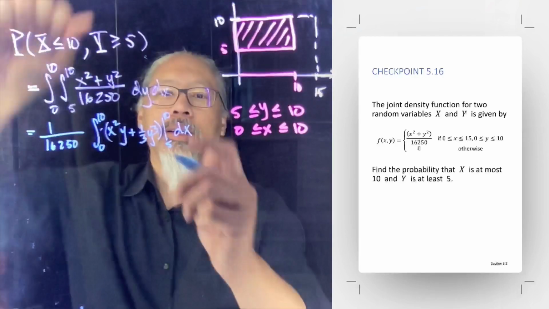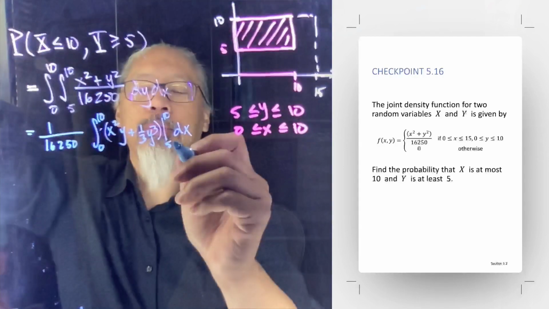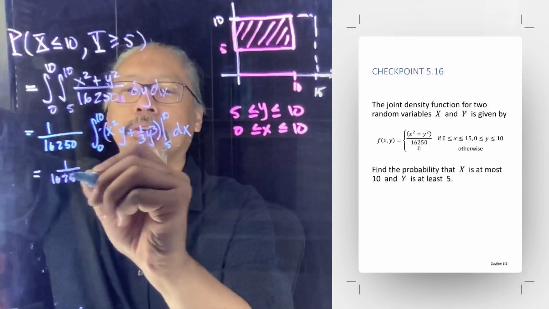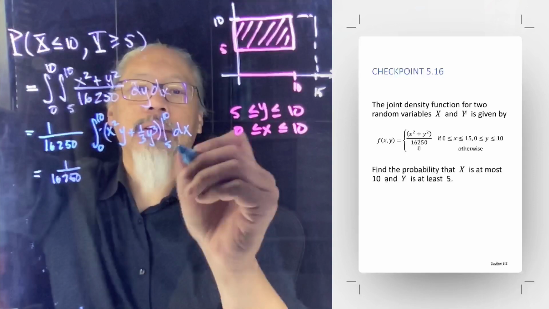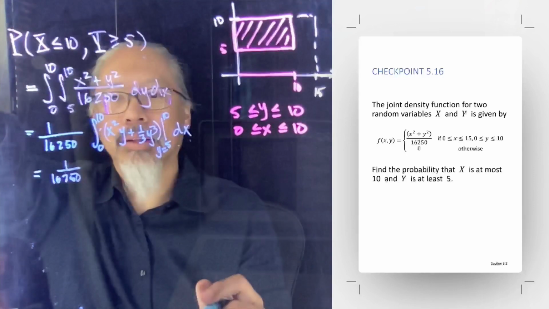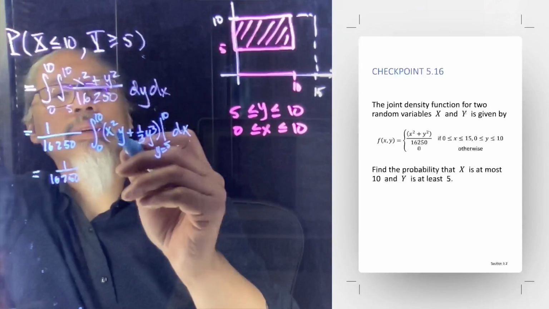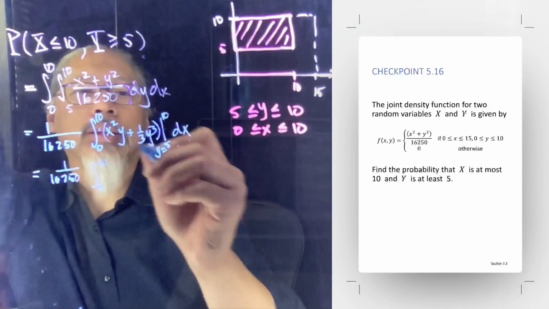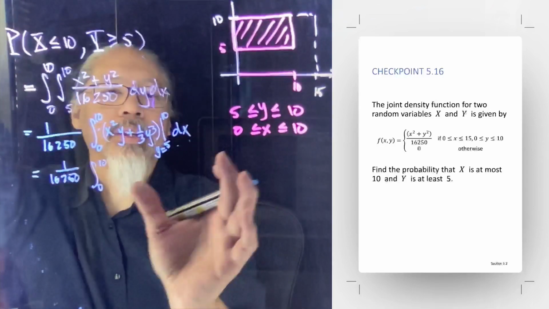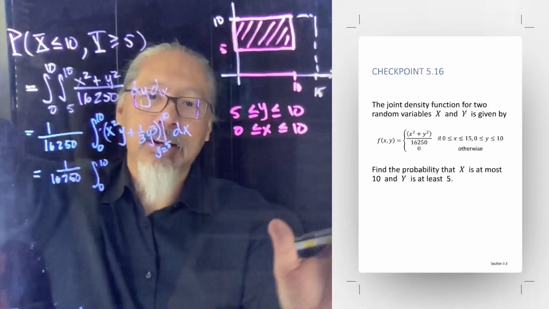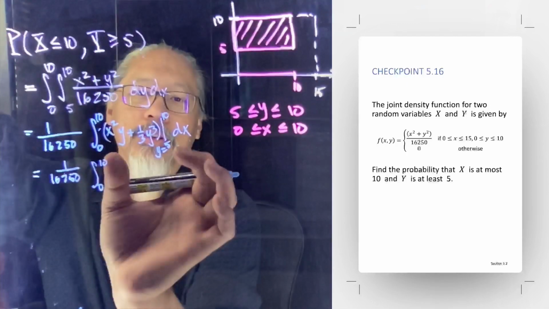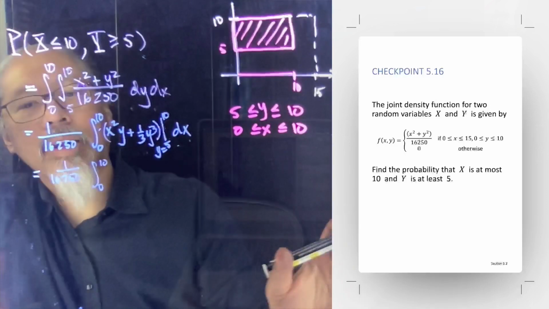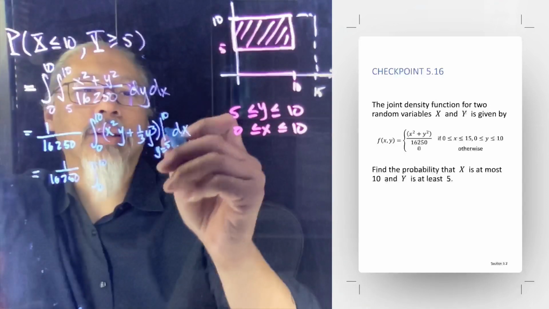All right, we'll put in 10 and we'll put in 5, so we'll have this constant 1 over 16,250, and then let's put 10 in for y. Remember that these are y limits. I decided to keep the integral going in the flow; usually I capture the inside part of the iterated integral and do that off to the side, but here we're doing it all at once.